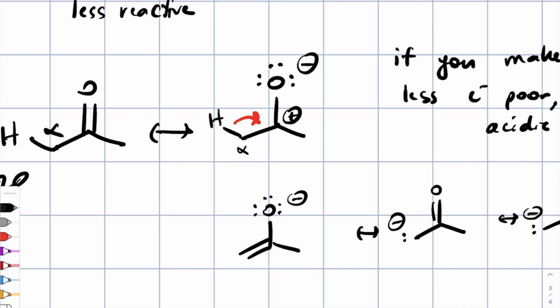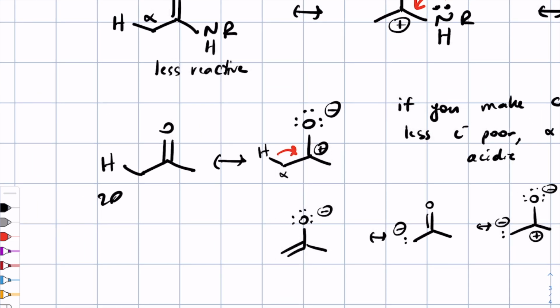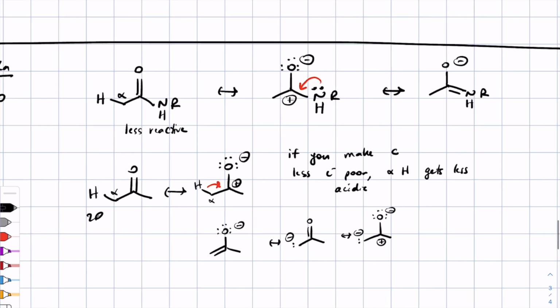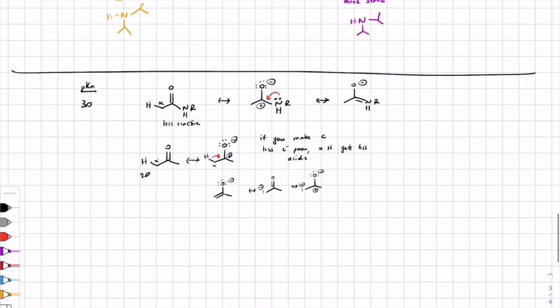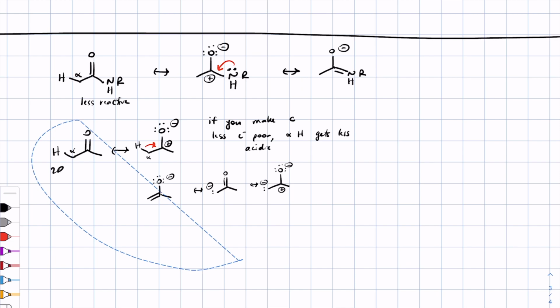There's more to it than that. There's a hyperconjugation explanation that we could talk about, but it won't necessarily add to our understanding, so I'm going to skip over it. But in general, if you have electron donating groups attached to the carbonyl carbon, that's going to make the alpha proton less acidic. All right? So all of this is just explanation.